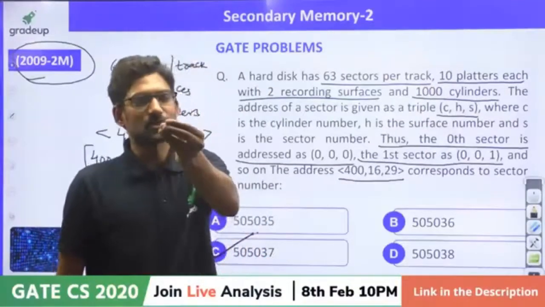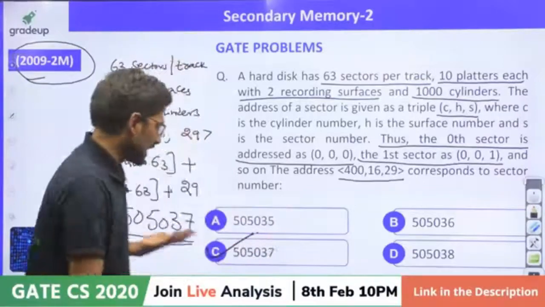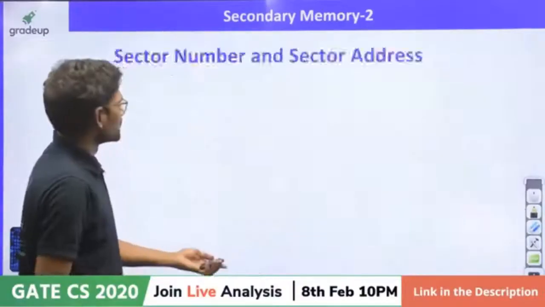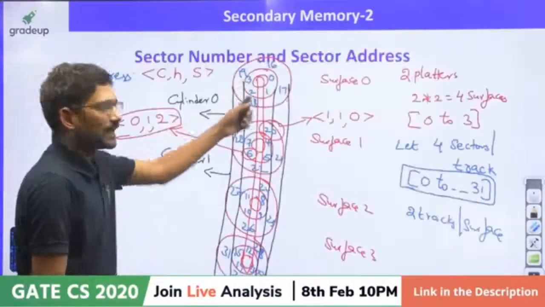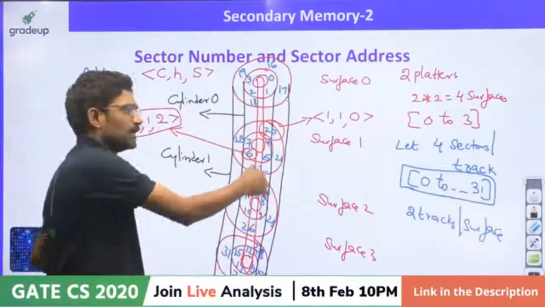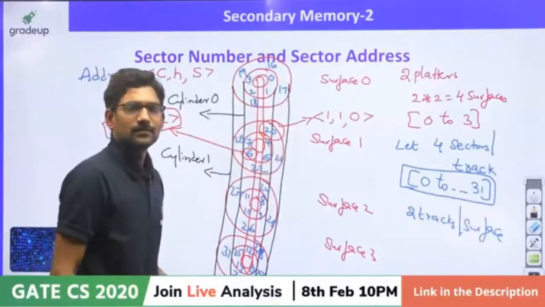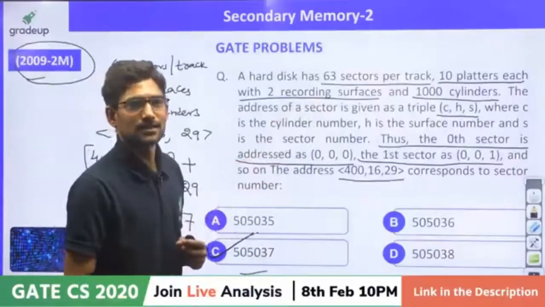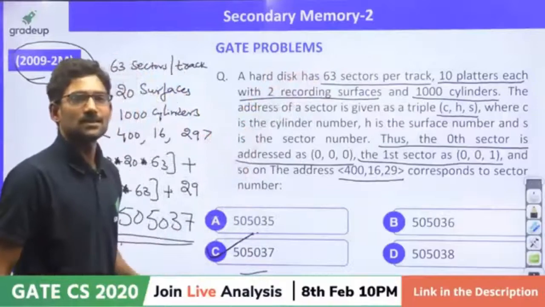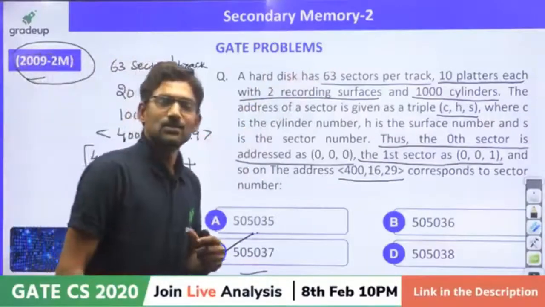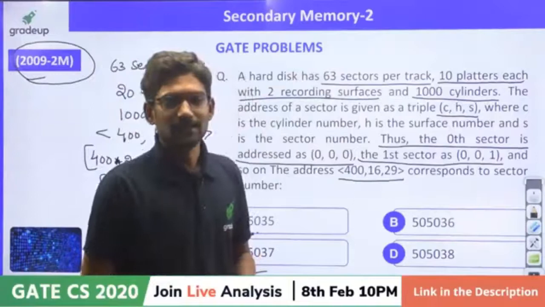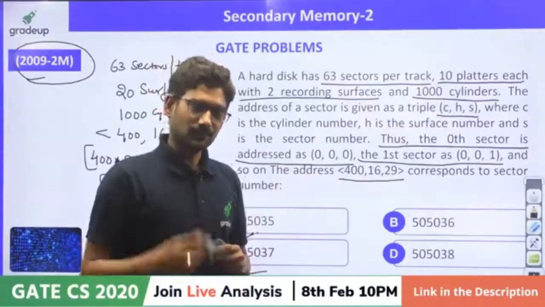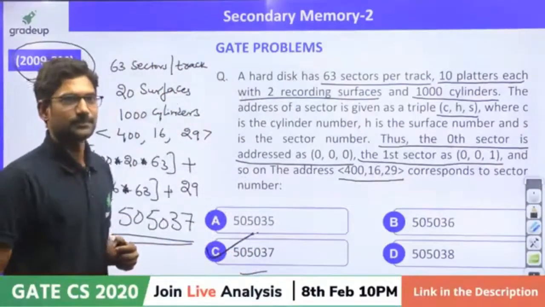If the numbers are small, we may just draw it like this and find the CHS. But you observe the numbers. 1000 cylinders, 63 sectors, 20 surfaces. So it is very, very difficult to draw and calculate, isn't it?